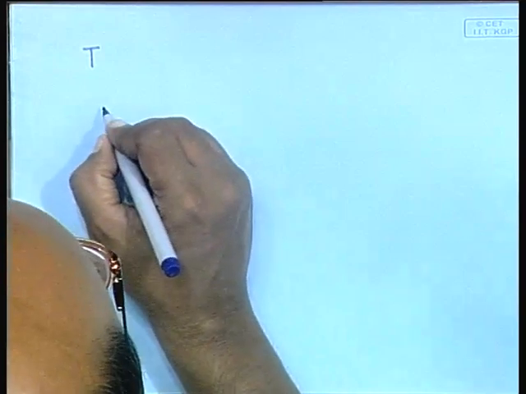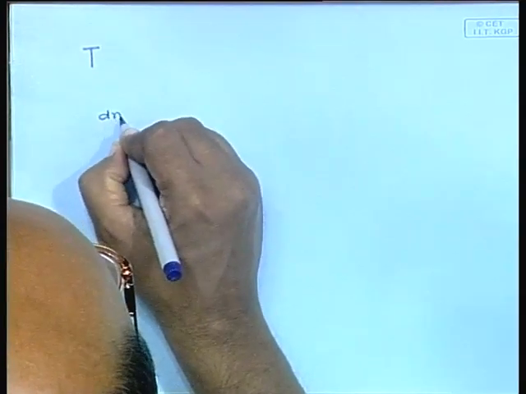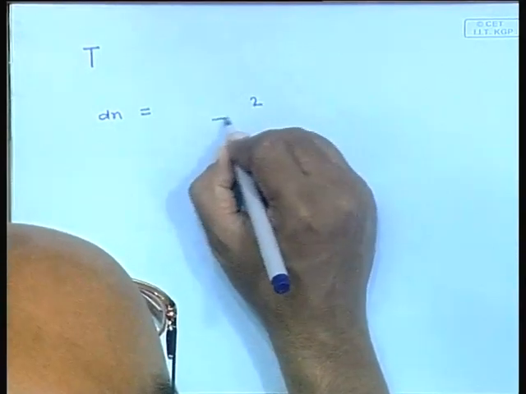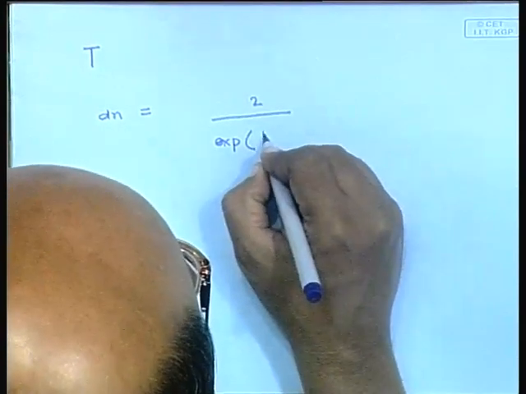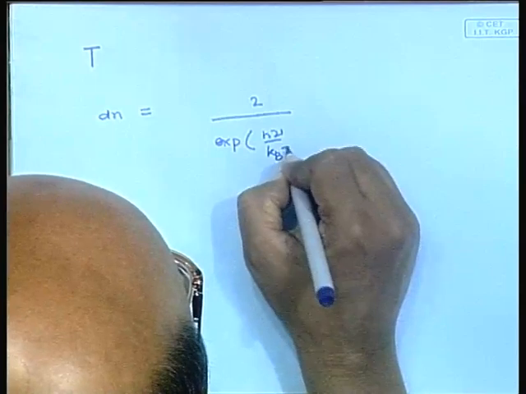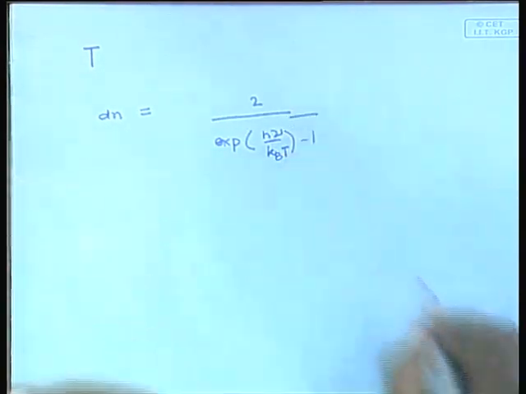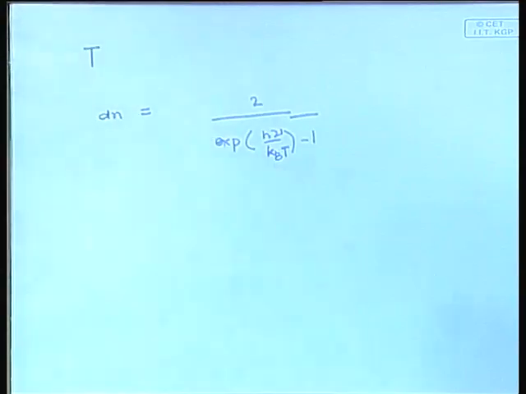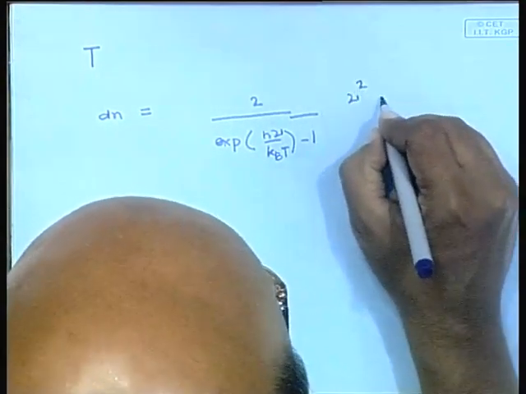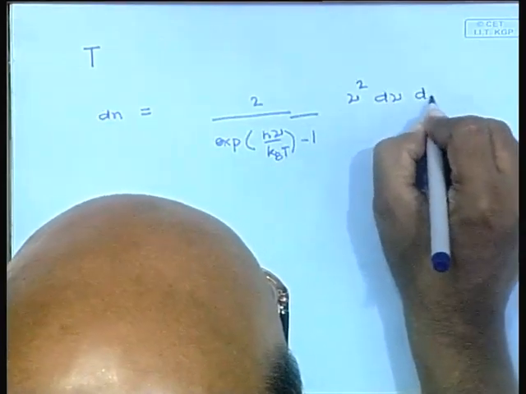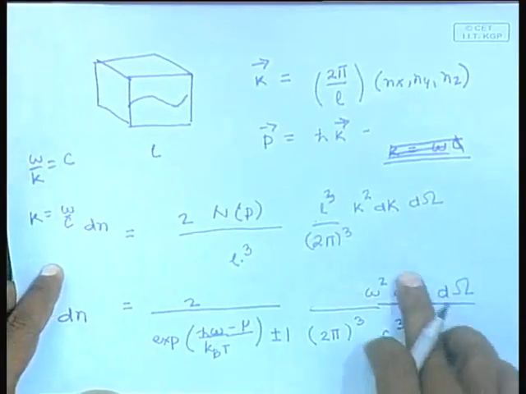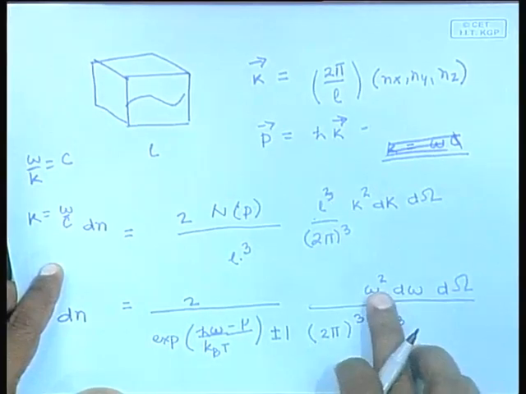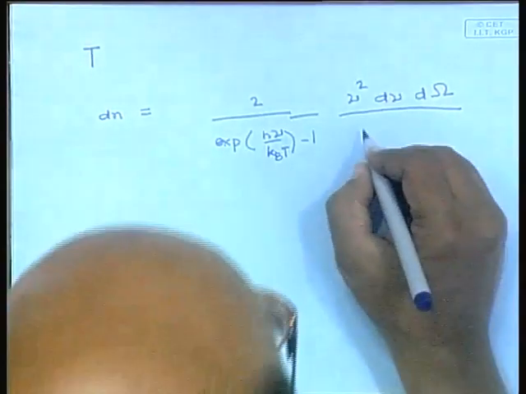We know that the number of photons per unit volume, dN, is given by 2 divided by exponential of h nu by kBT minus 1, times nu square d nu d solid angle, divided by c cube. I am writing the same expression except in terms of the frequency; the factor of 2 pi cube is gone once I write it in terms of frequency, and we have a factor of c cube over here.